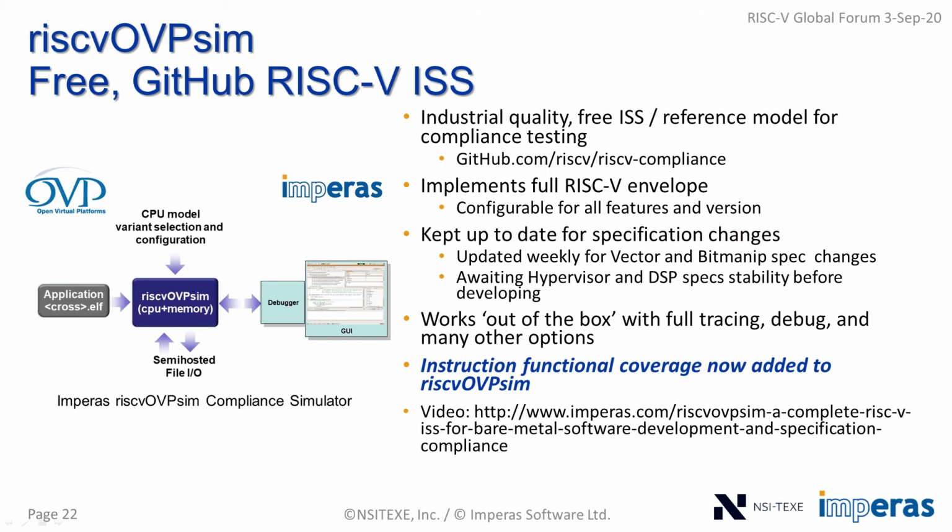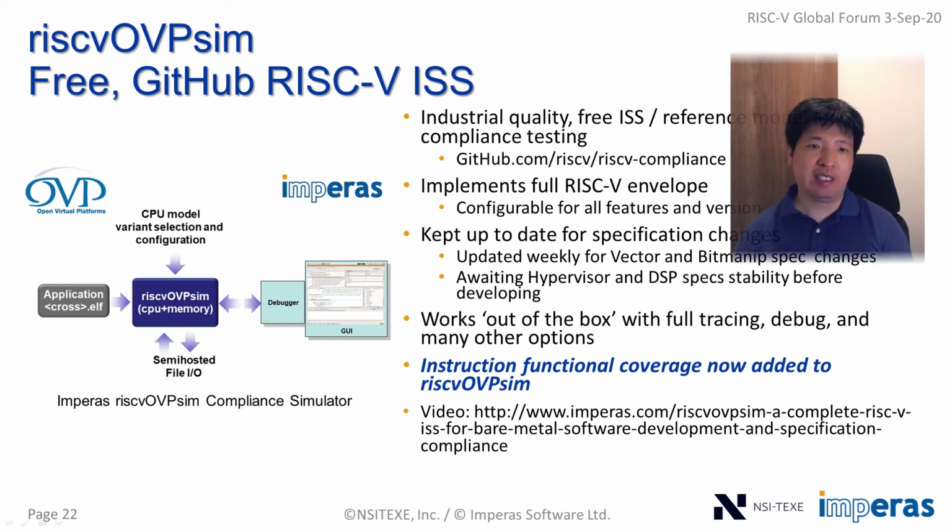I talked about the Imperas reference simulator in the previous slide, so here is a quick look at it. This simulator is already well known to people involved in RISC-V development. It is an industrial quality reference model. I also usually use it when I want to confirm the behavior of the RISC-V specs.